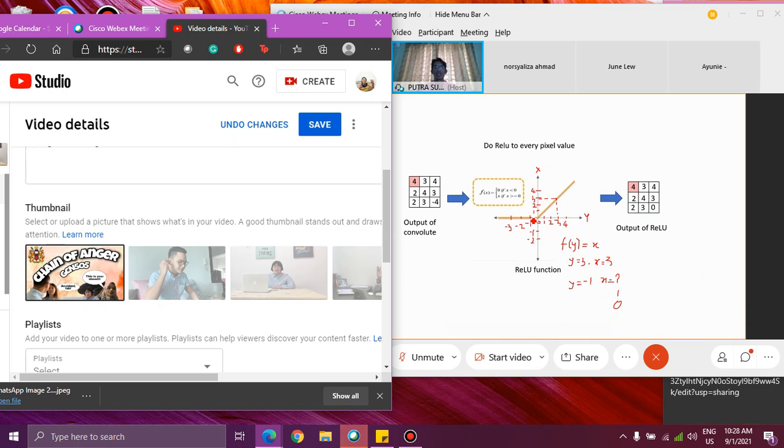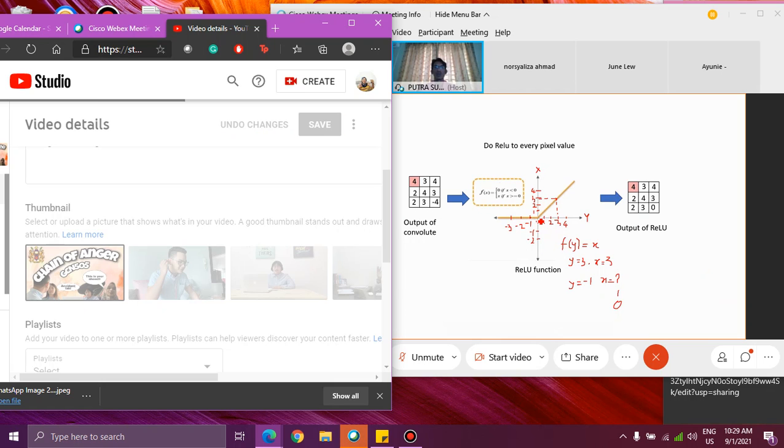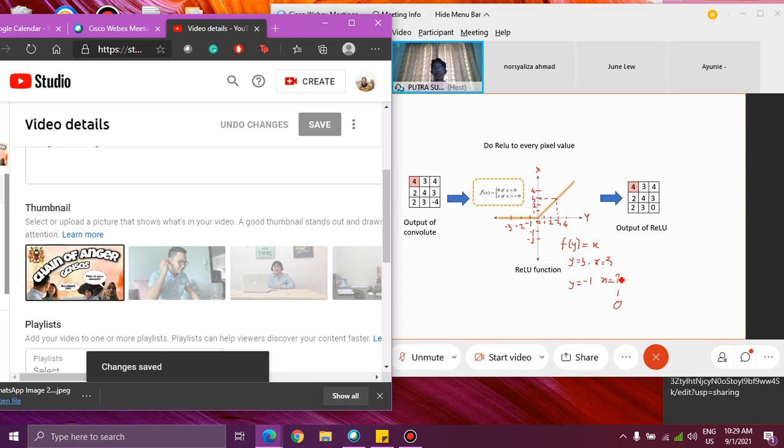Y is equal to negative 1. It is already under the yellow line, so it is 0. So the answer is 0. You got it? So the answer is 0.